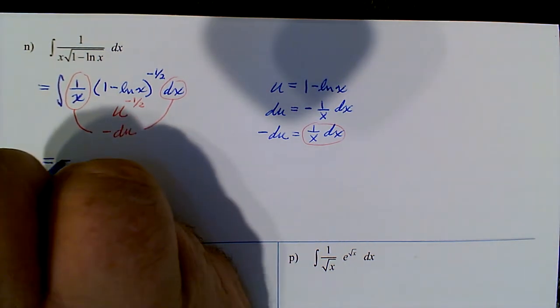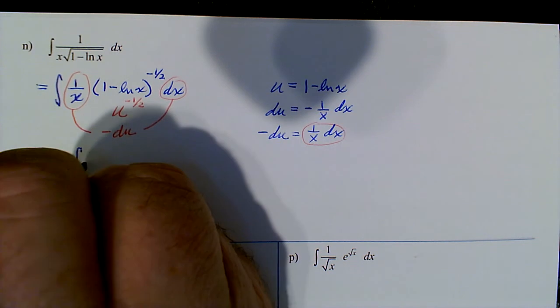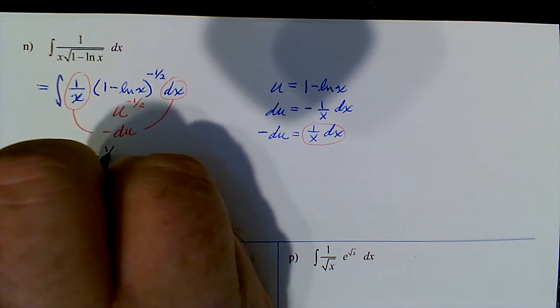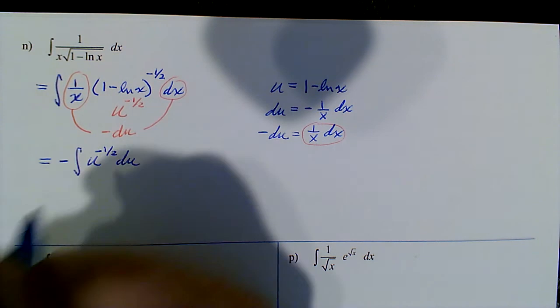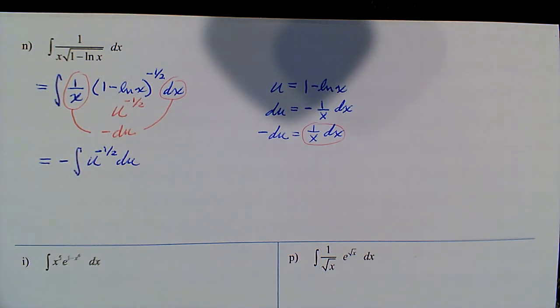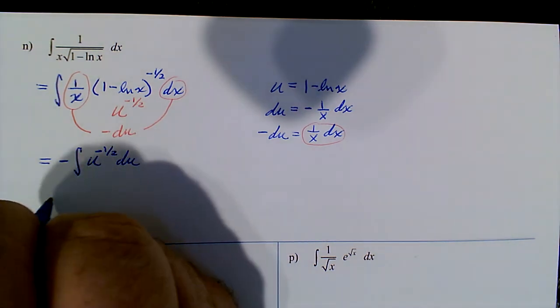But now we have minus the integral of u to the negative 1/2 times the differential du. So that's our basic formula in this case, u to the n, or u to the negative 1/2 in particular.